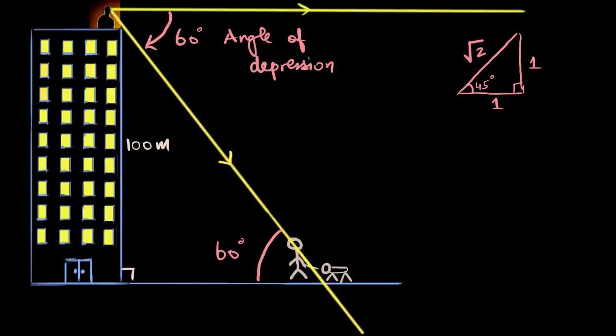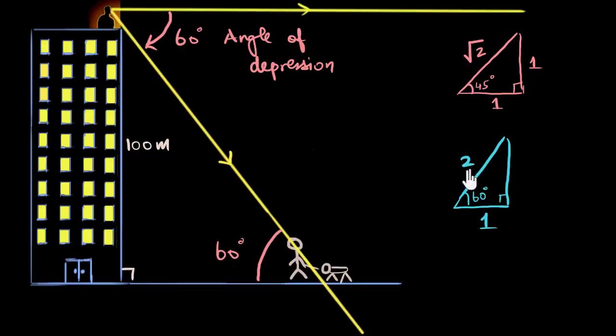The way I try to remember sine 60 is that I remember what I call the 60-degree triangle. What I mean by that is the triangle which has a 90 degree angle, this angle to be 60, and then if this is 1, I always take my base to be 1, the only thing I remember is that the hypotenuse will be twice the base for cos. In other words, cos 60 is half.